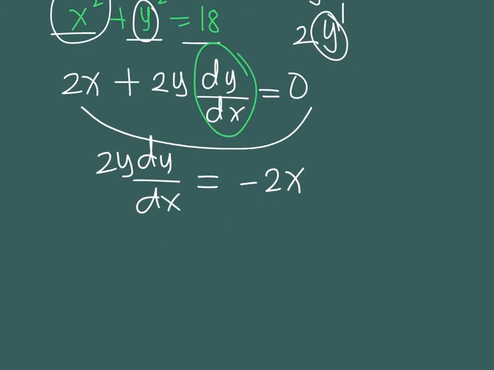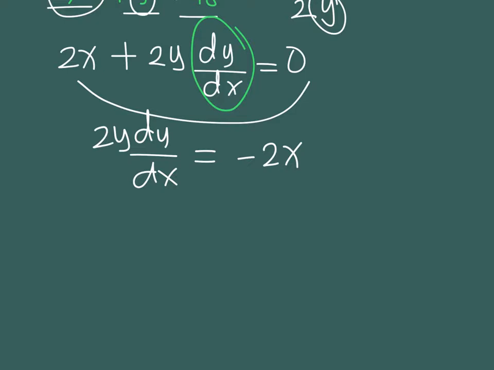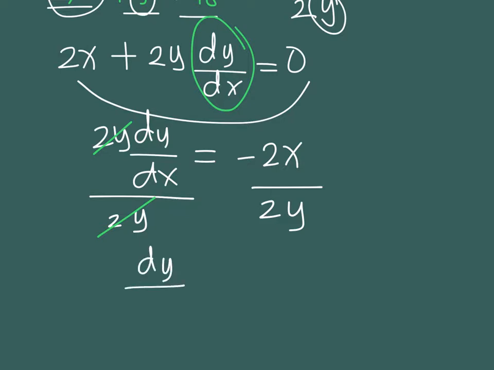And again, focus on the goal. You want dy over dx, so you have to divide both sides by 2y. So 2y and 2y will cancel. So you have dy over dx on the left side. Negative 2 over 2 becomes negative 1. So we have negative x over y.